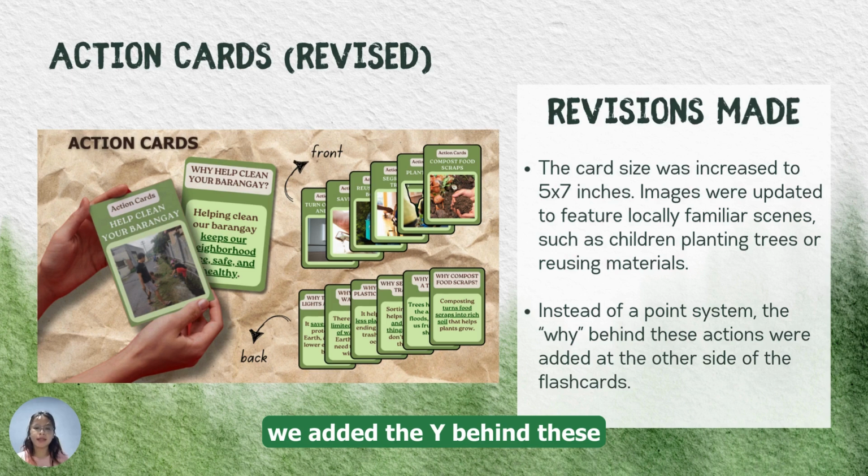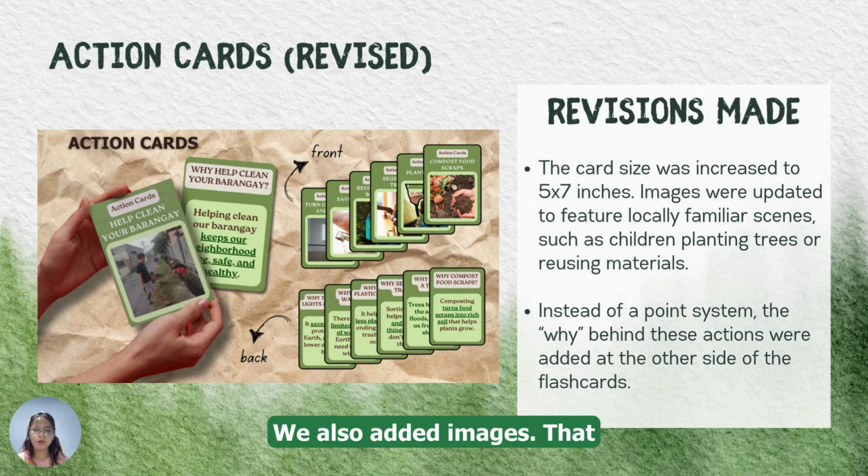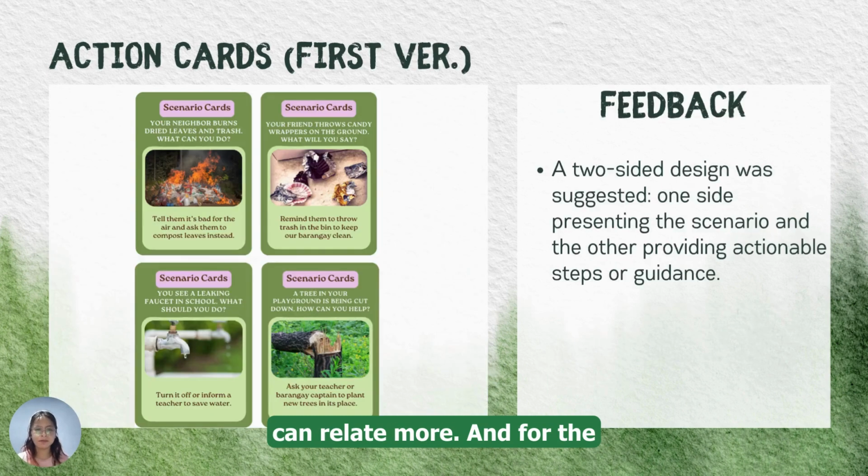So that is the one change that we made. At the same time, we have made the cards larger, now in 5 by 7 inches. We also added images that are locally familiar, so children can relate more.